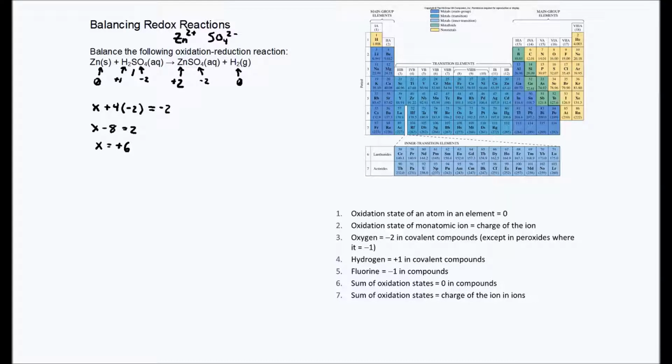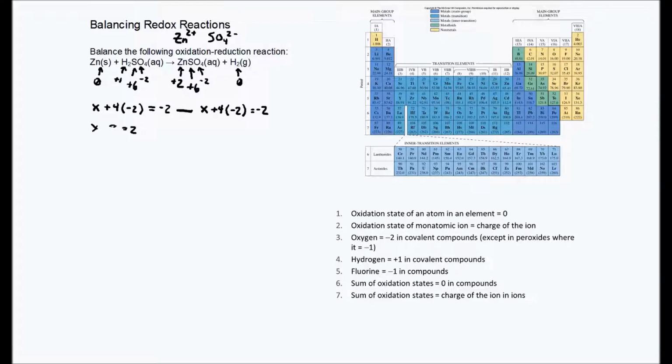So this sulfur is a +6 ion. If I did the math, it turns out 1 sulfur X plus 4 times -2 equals -2. It's sulfate again. Notice the math is identical. So this also has a +6 oxidation state on sulfur. And so that's all good.